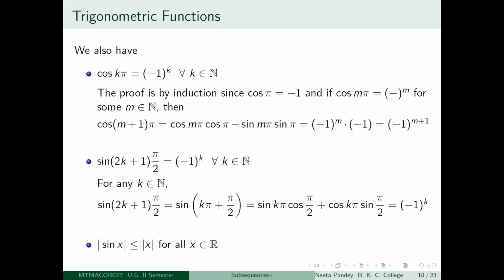So right now I'm not proving this particular statement, but we will take it on faith. And when we do power series, or when we talk about integration, then I can justify that mod sine x is less than or equal to mod x for all real numbers x.